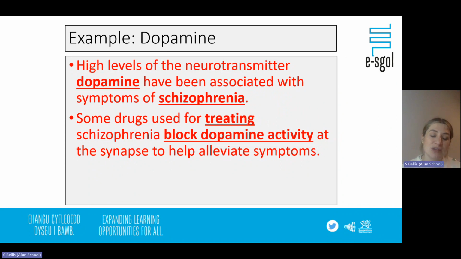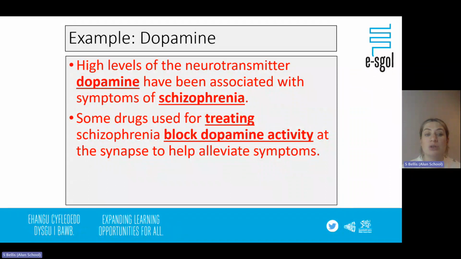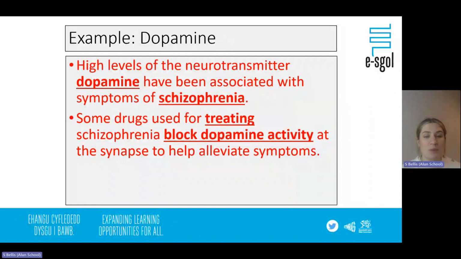Now, schizophrenia is a form of psychosis where you would lose touch with reality. So you aren't aware of what's real and what isn't, and it can present itself in lots of different ways. But one of the main ways is through hallucinations and delusions. Hallucinations are perceptions that are unreal, and a delusion is a belief that is unreal.